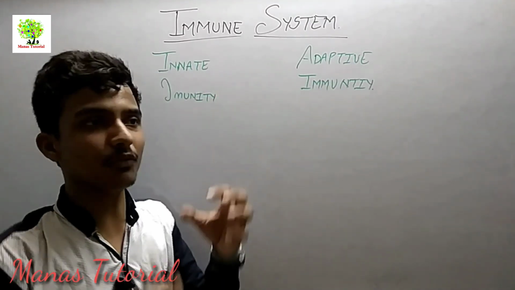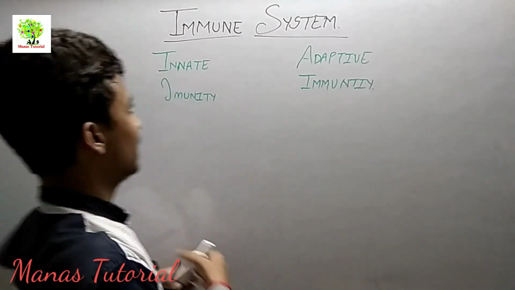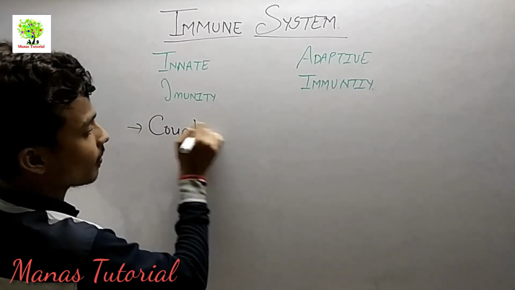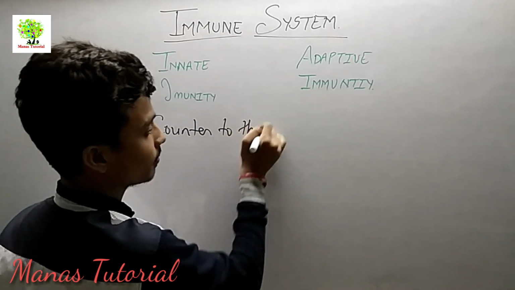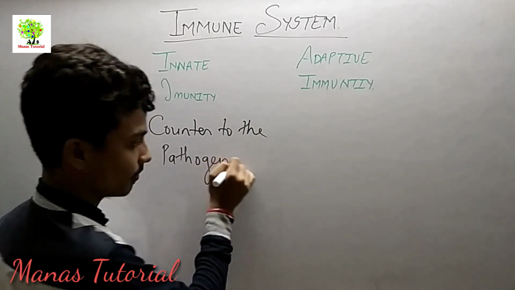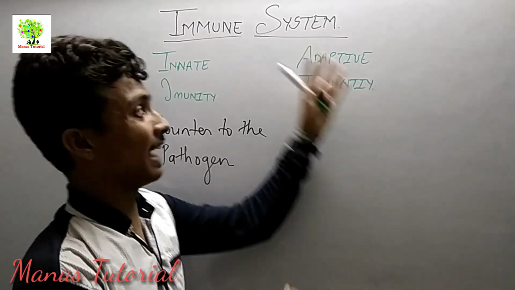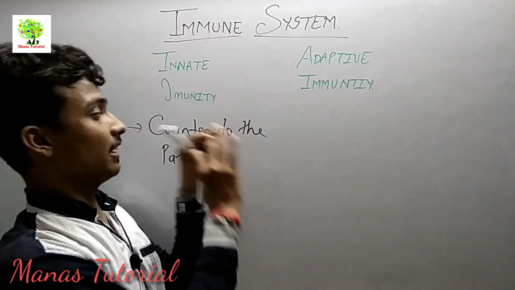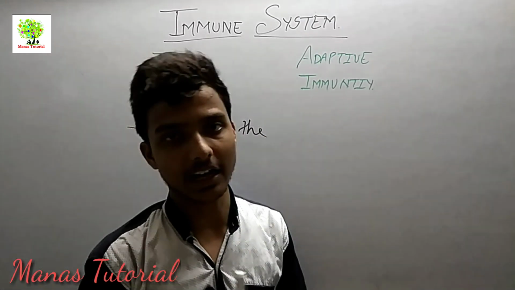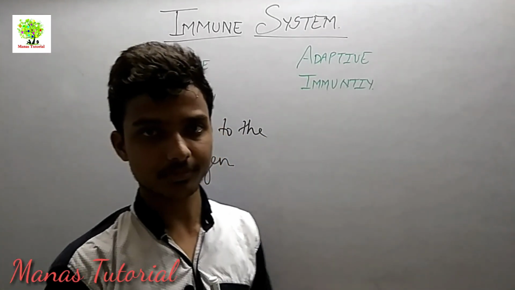The innate immunity is the first counter to the pathogen, while the adaptive immunity comes into the picture after the innate immunity responds.